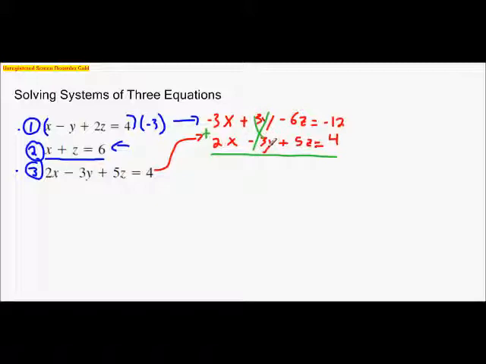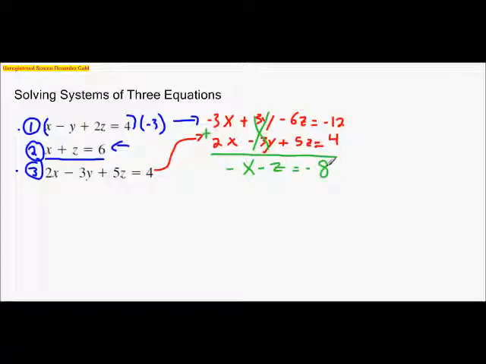Those are going to go away. So we'll have negative 3x plus 2x gives me negative x. I have negative 6z plus 5z, and I will get negative z. And I have negative 12 plus 4, and I'll get negative 8.